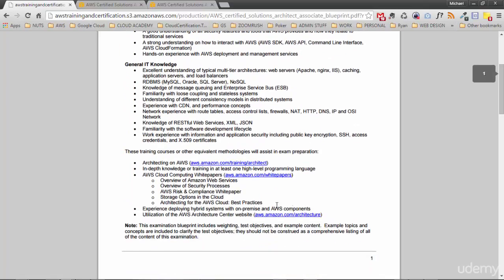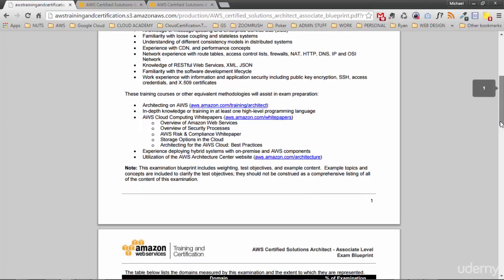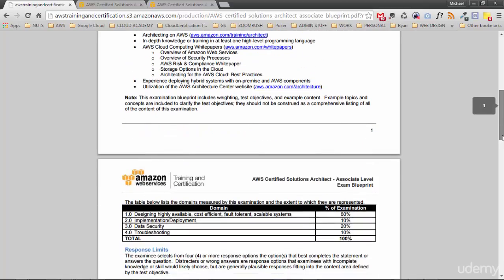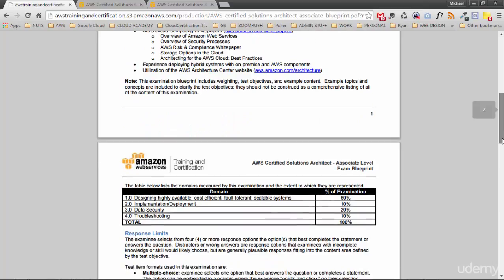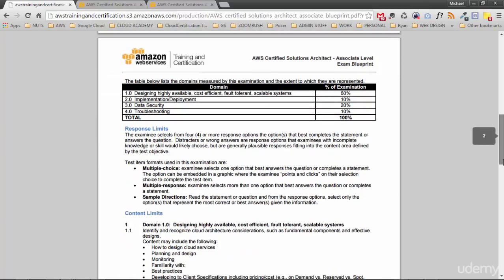A little further down, I won't go on too much, but risk and compliance, storage options. Again, we'll go into all that. So that's it for the introduction to this exam course. In the next video, we'll be getting straight into it and hitting virtual private cloud, which is, as I said before, the crux of getting through this exam.